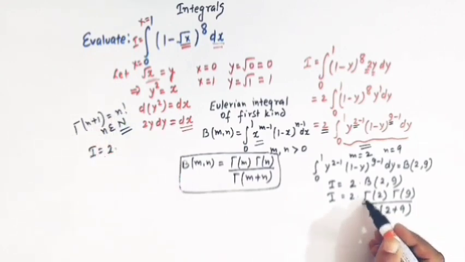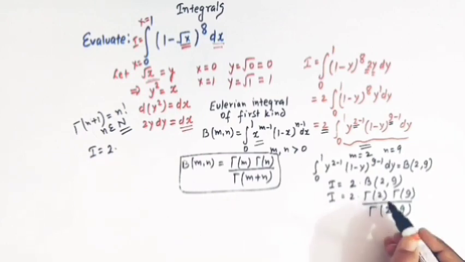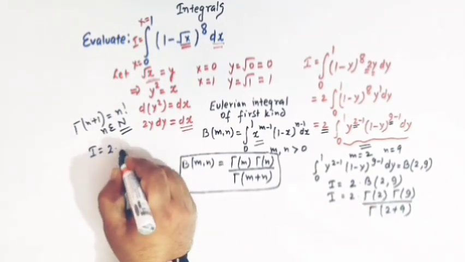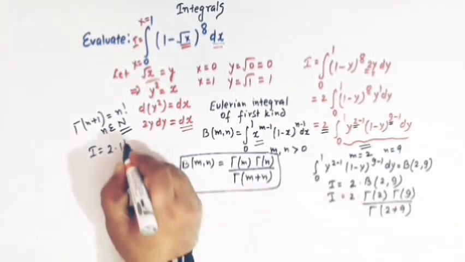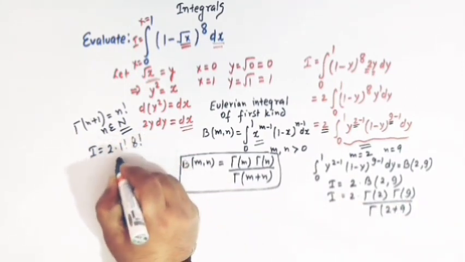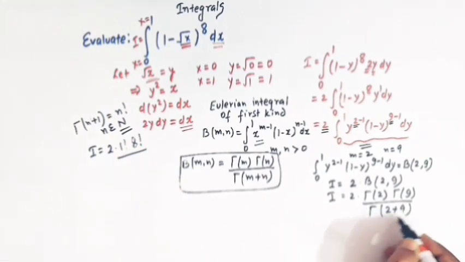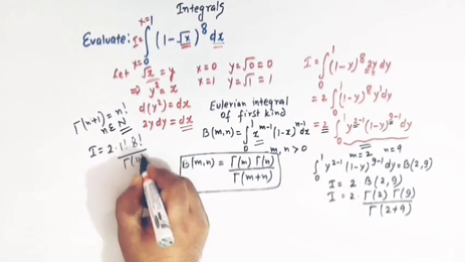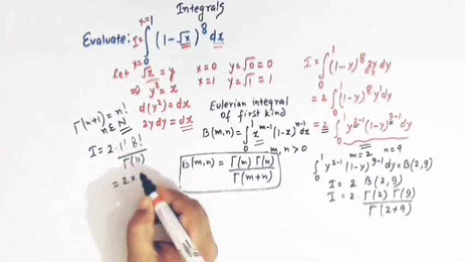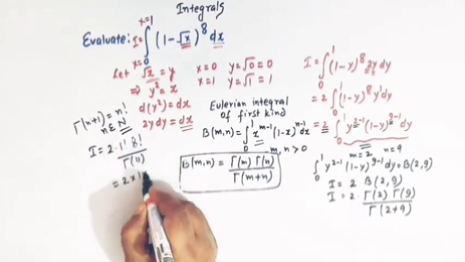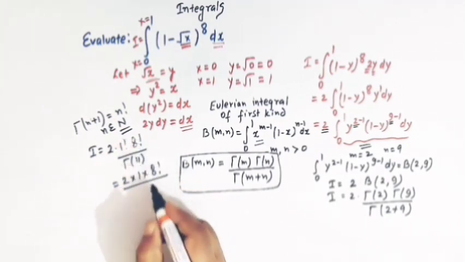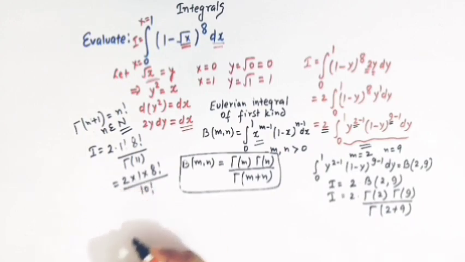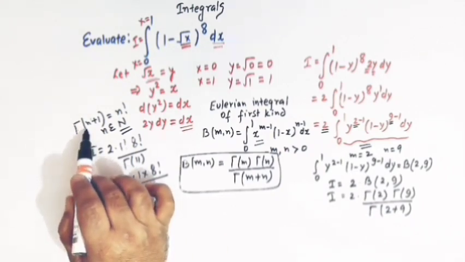So here we have gamma of 2, so gamma of 2 can be written as 1 factorial, and then gamma of 9 can be written as 8 factorial, and in the denominator we have gamma of 11, and gamma of 11 is equal to 10 factorial due to this relation. Here 1 factorial is 1.